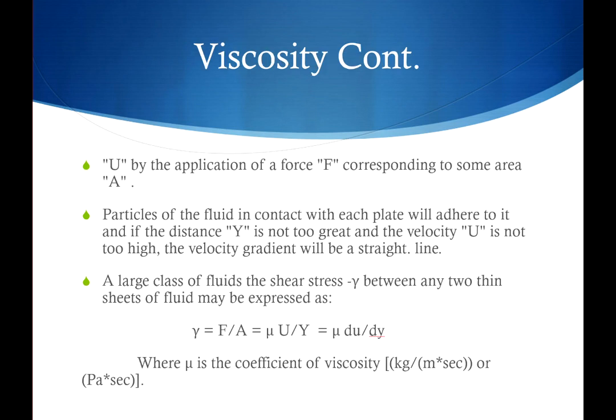Then particles of the fluid in contact with each plate will adhere to it, and if the distance y is not too great and the velocity u is not too high, the velocity gradient will be a straight line.